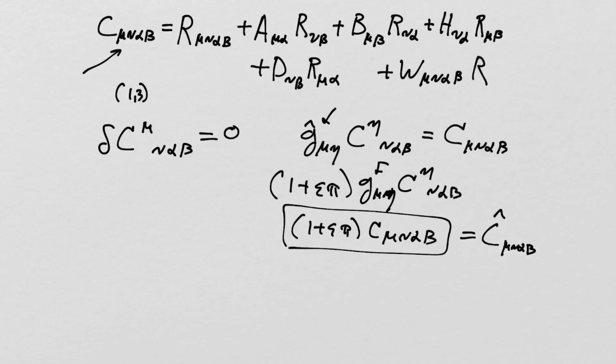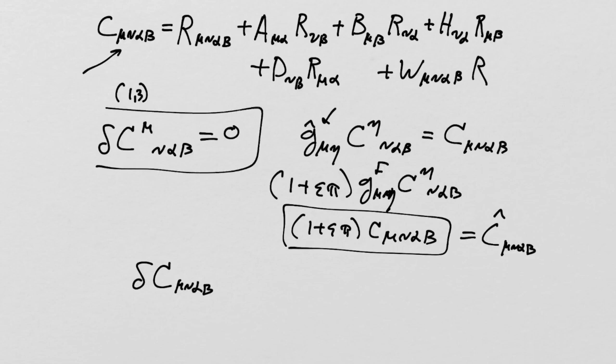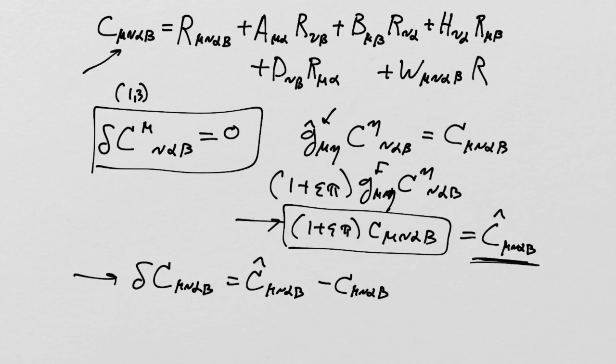But now we want the variation in C mu nu alpha beta. See, we know the variation of this by our hypothesis is 0. But that does not mean the variation of this is going to be 0, right? We have to calculate the variation of that. Well, the variation of that is C hat mu nu alpha beta, the transformed conformal tensor, minus C mu nu alpha beta. But C hat, we've just calculated, is this thing.